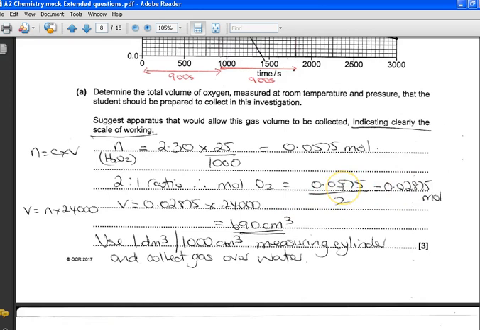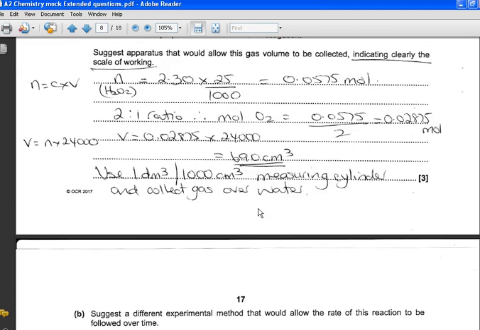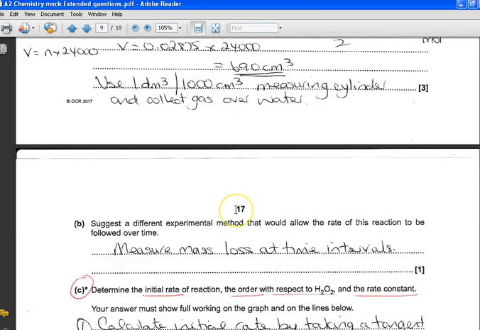So you divide your number of moles by 2 and then convert to volume. Again, without remembering all your mole equations, you could get a bit stuck here. But the most important thing was that you had to say 1 cubic decimetre or 1,000 cubic centimetre measuring cylinder.